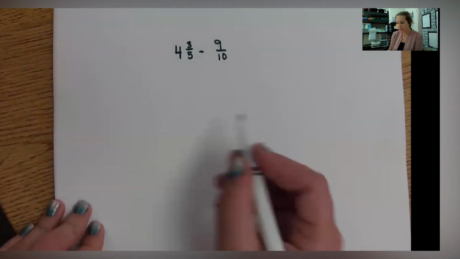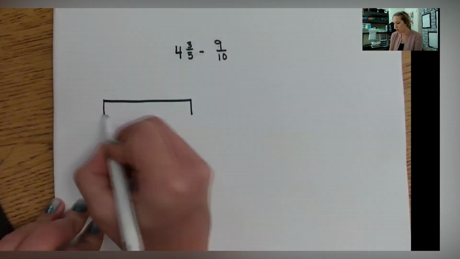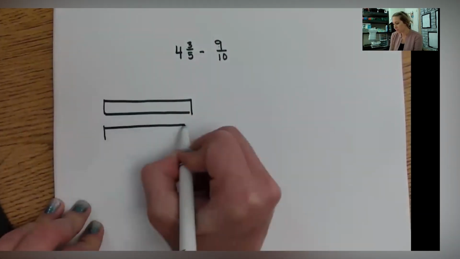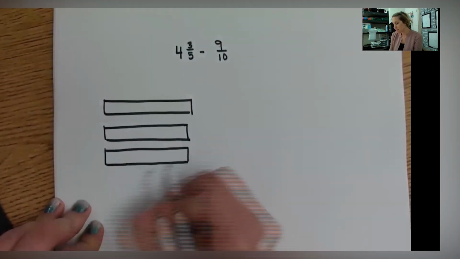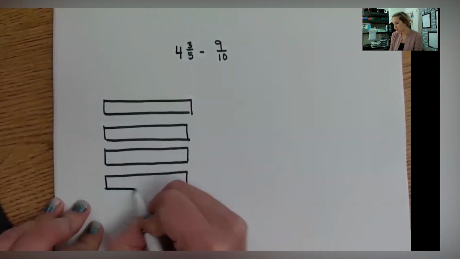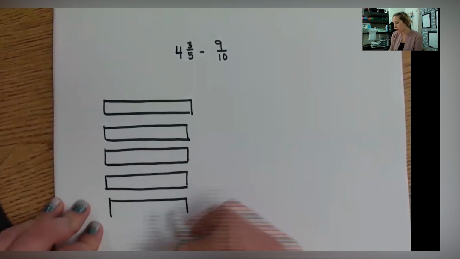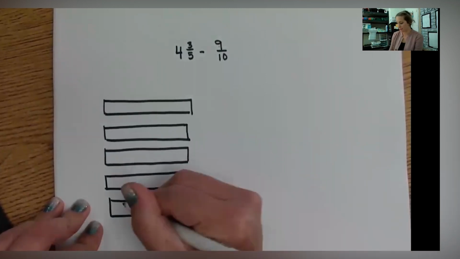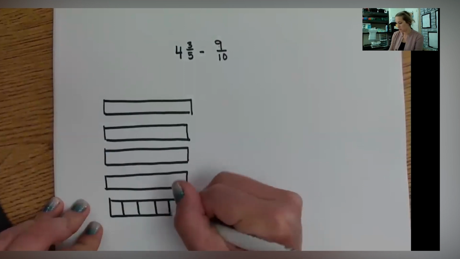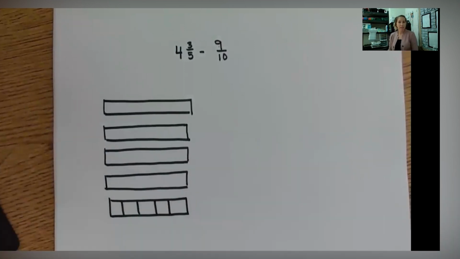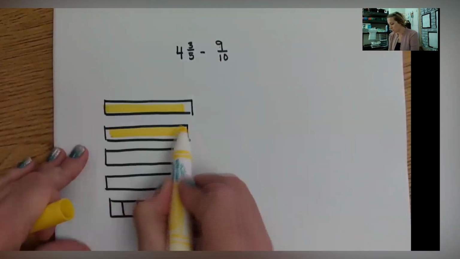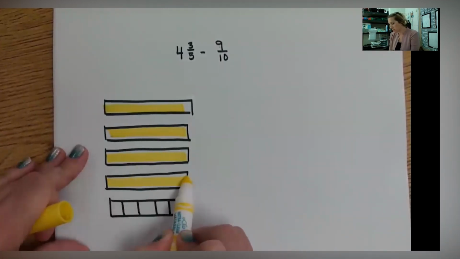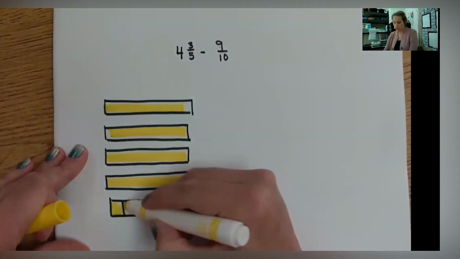Did you draw something that looks like this? 4 wholes and another one cut into fifths. How many should be shaded in? 4 wholes and 3/5.